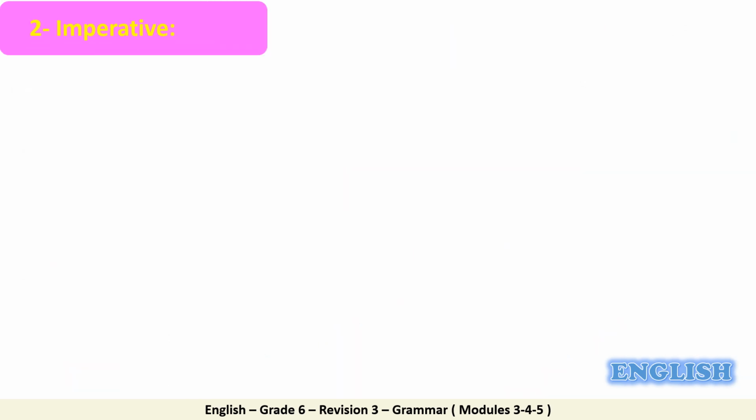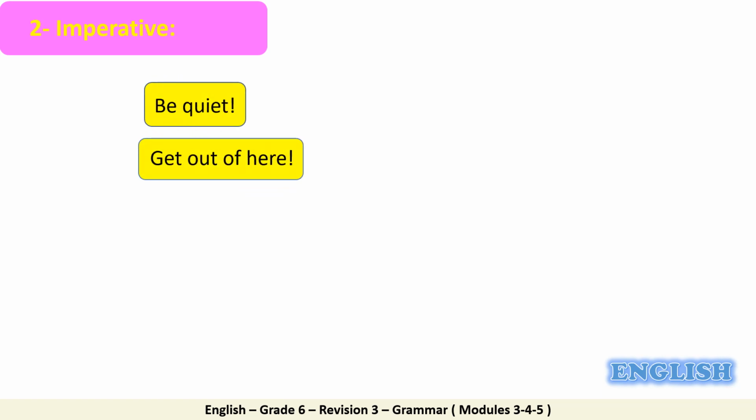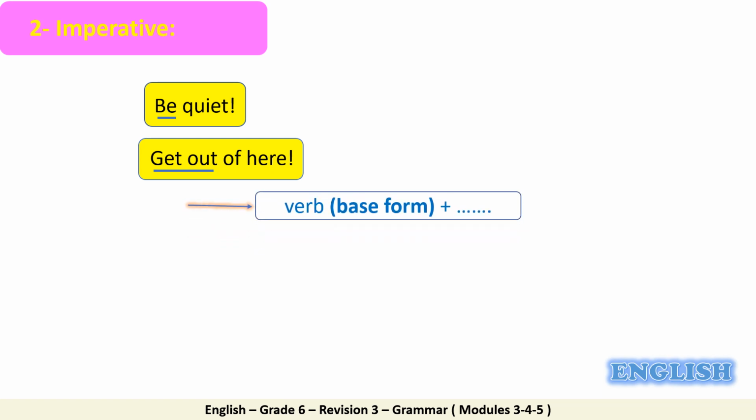Let's have a look at our sentences. Be quiet. Get out of here. Very good. Both sentences started with the verb. There is no subject. So the imperative form is composed of a verb in its base form plus a complement.